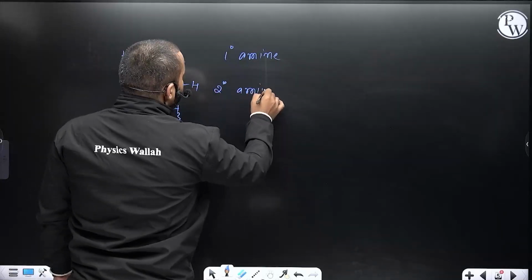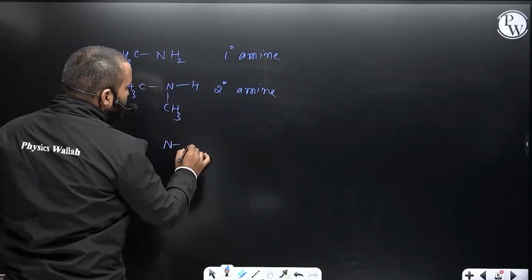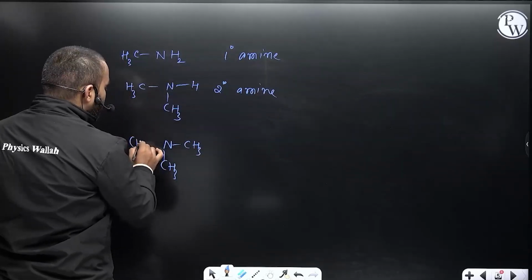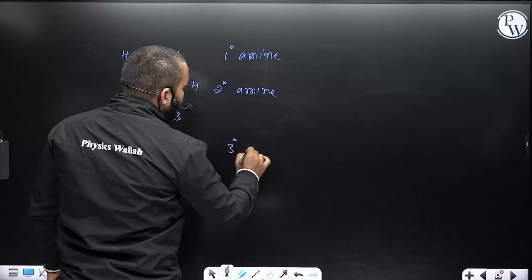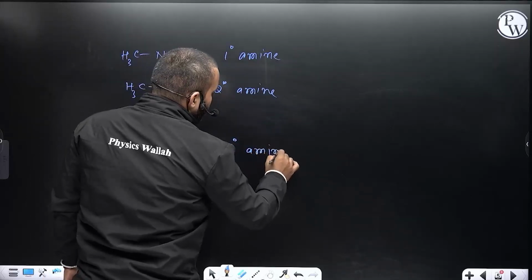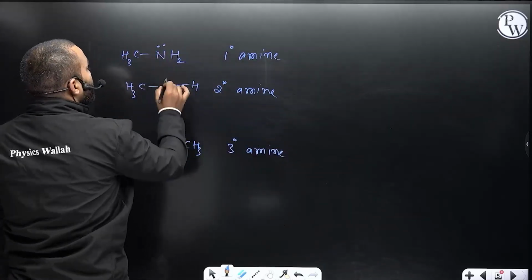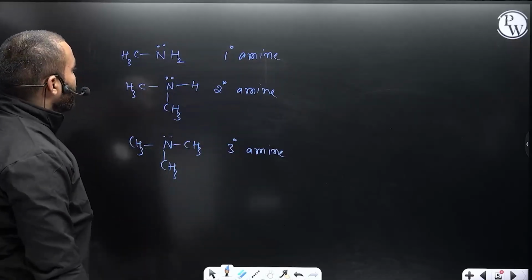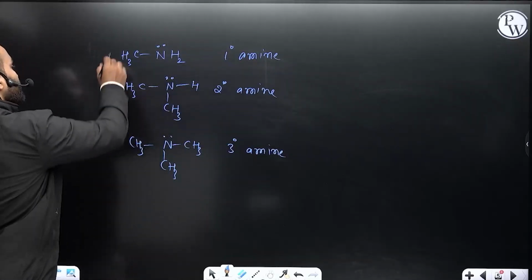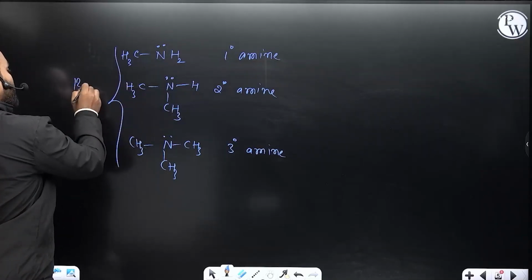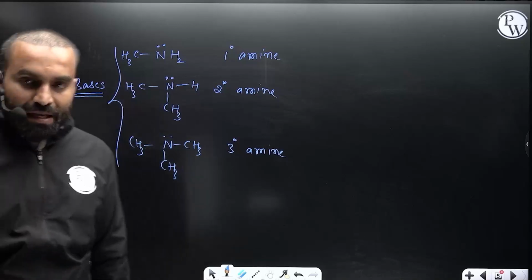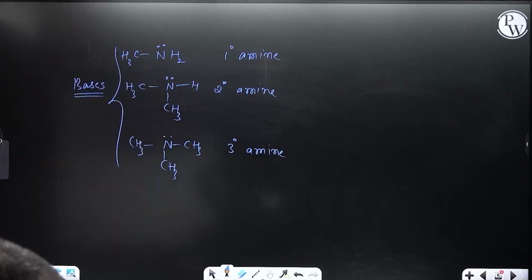And if I also substitute the third hydrogen by CH3, this becomes tertiary amine. Remember, there is a pair of electrons present on nitrogen. These all fall in the category of bases. Nitrogenous bases.